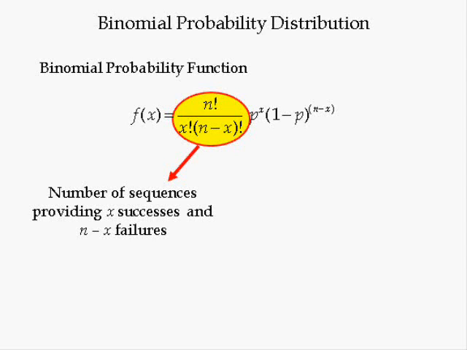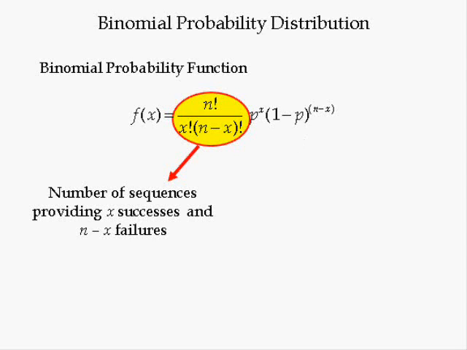If 5 male students are picked at random from a campus directory and 1 had game, then there are 5 ways to order a sequence of 1 success, those with game, and 4 failures, those without game. Because 5 factorial divided by the product of 1 factorial and 5 minus 1, or 4 factorial, equals 5, there are 5 ways to order 1 success.